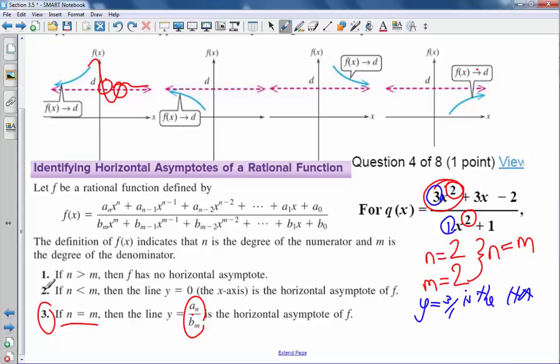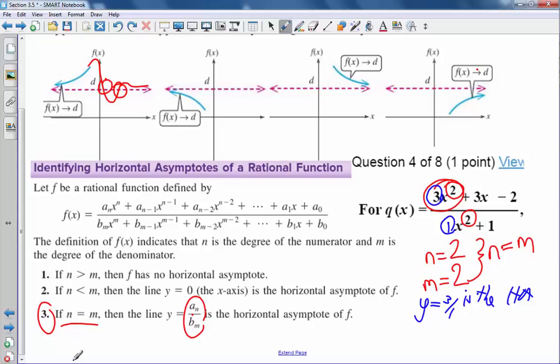What are the other cases? If the top is bigger than the bottom, no horizontal asymptote. This is the easiest. If you get n bigger than m, such as 3 and 2, you're good. No HA. If n is less than m, the bottom beats the top, then we have a HA, which is y equals 0, and you don't have to compute, it's fixed, y equals 0.